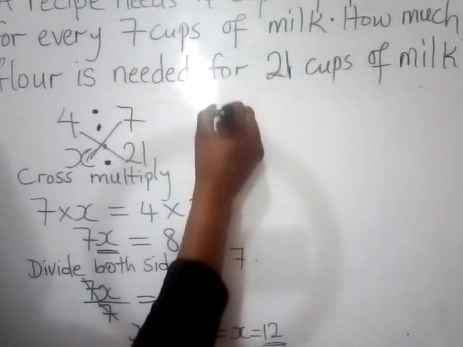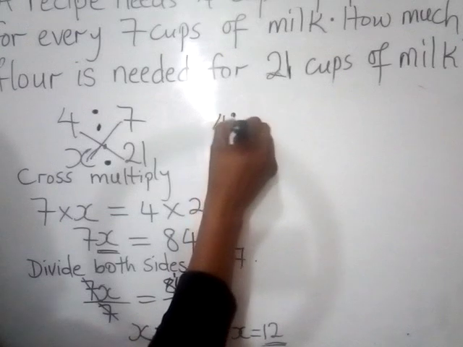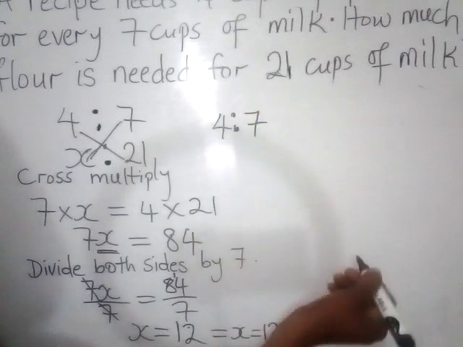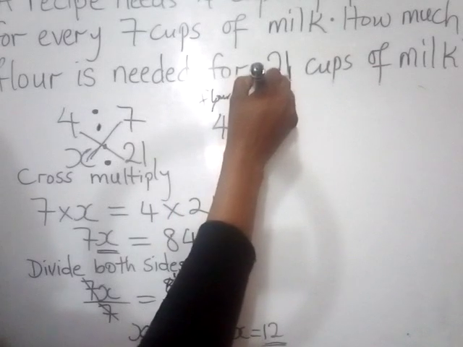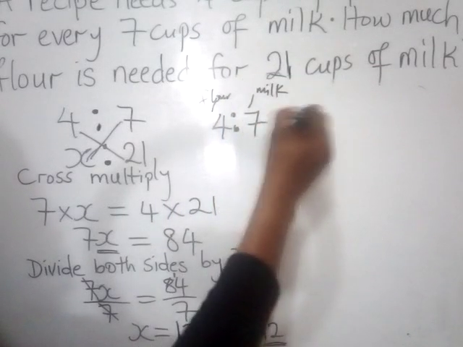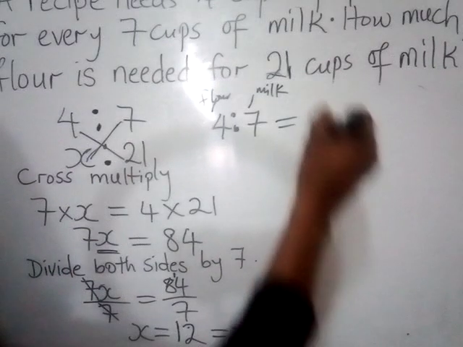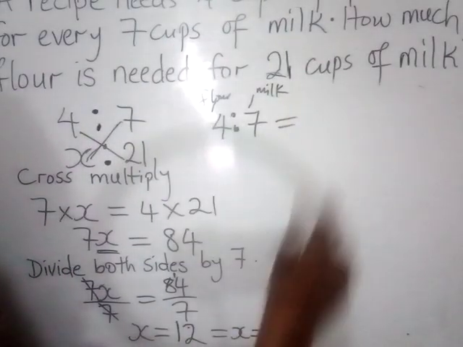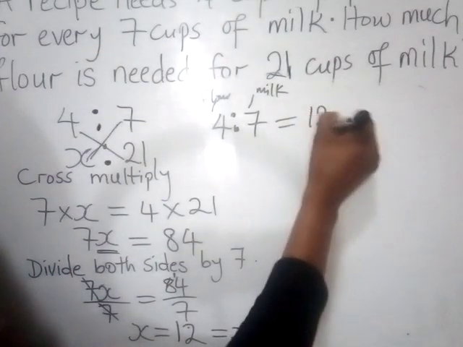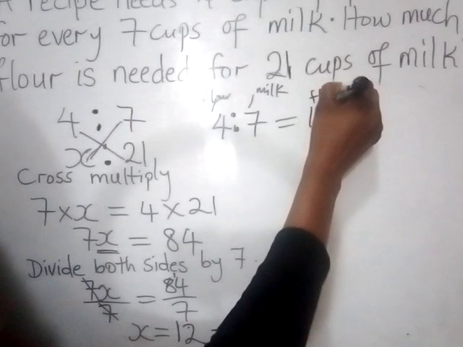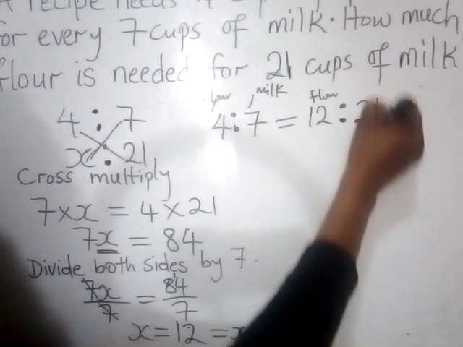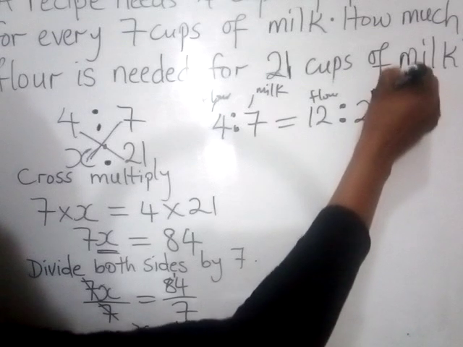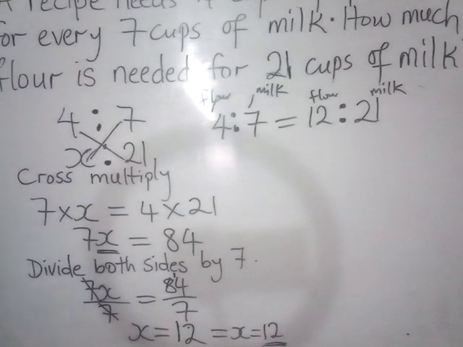That as 4 cups of flour is required for 7 cups of milk, 12 cups of flour will be required for 21 cups of milk, which is exactly the answer we got when we used the first method.